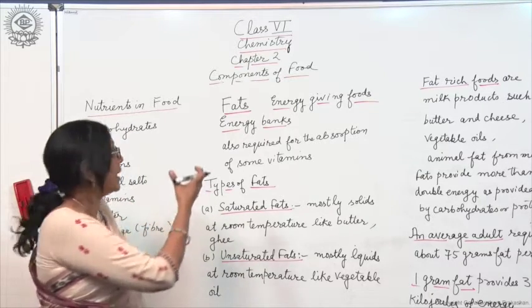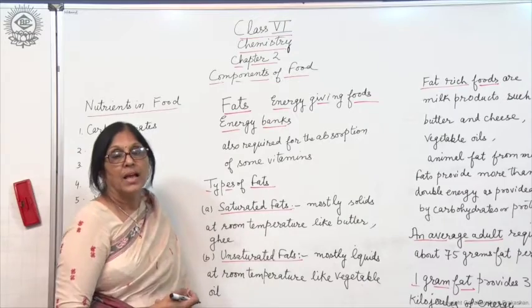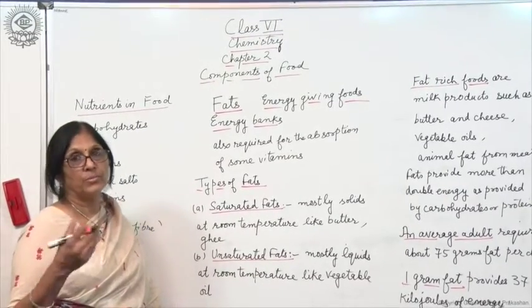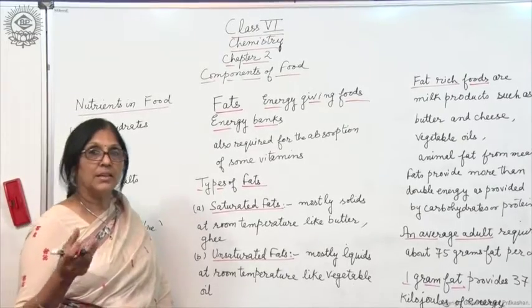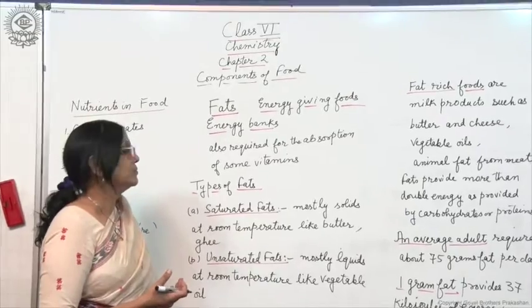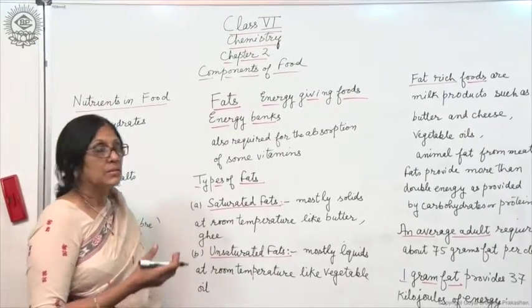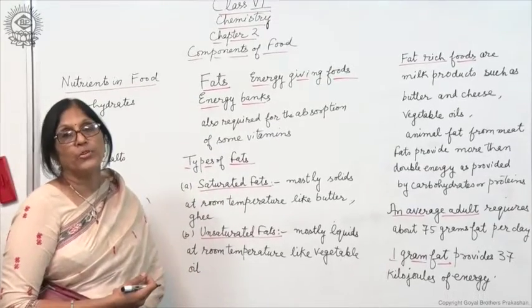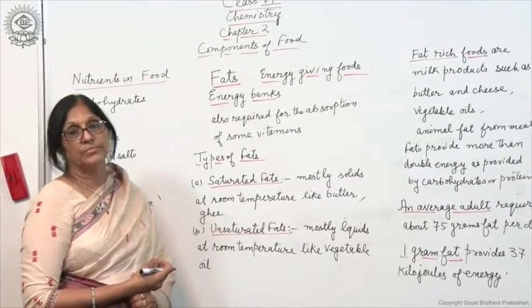Fats are also called energy banks, and they give the energy whenever required. Fats can be stored inside the body and they give out the energy whenever it is required. Fats are also required for the absorption of some vitamins.